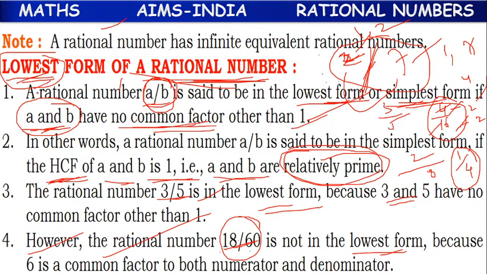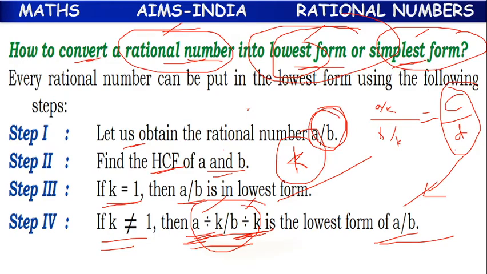Or lowest form. What is lowest form? Means they should have no common factor other than 1. How to convert into lowest form or simplest form? We have to divide with their HCF.